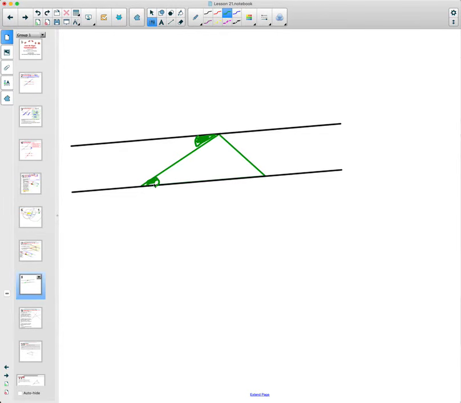Okay, they're going to be the same. This angle, alternate interior moves it to here. And then you still have the original angle. So all three of these angles in a triangle are always going to total 180.